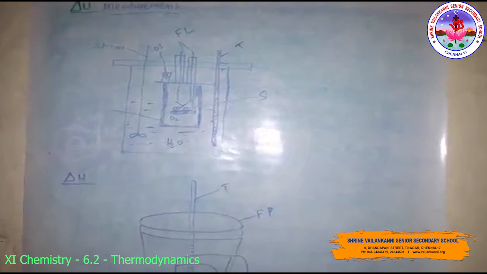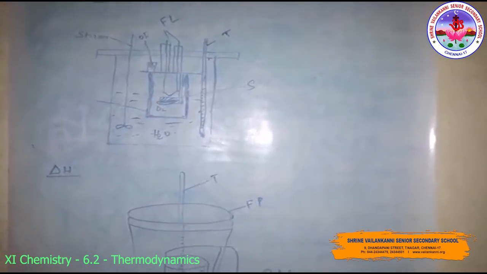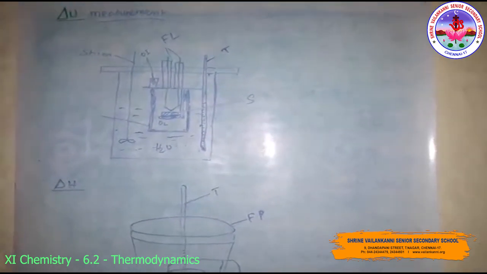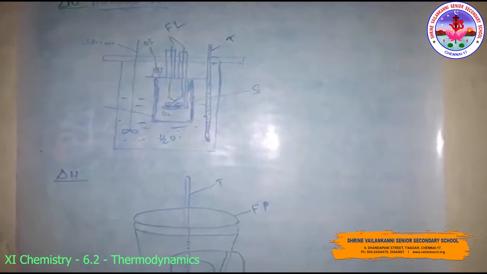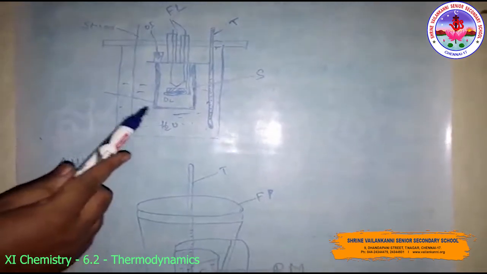We can measure the energy changes associated with a chemical or physical process by an experimental technique called calorimetry. In a calorimeter, the process is carried out in a vessel which is immersed in a known volume of liquid.